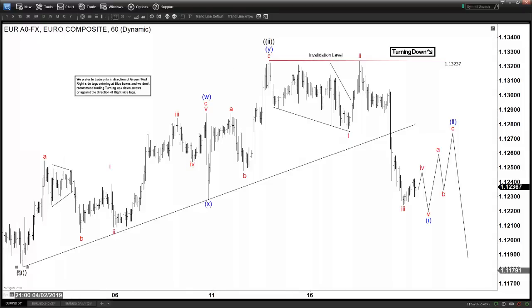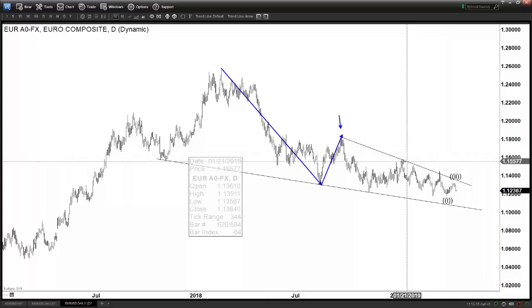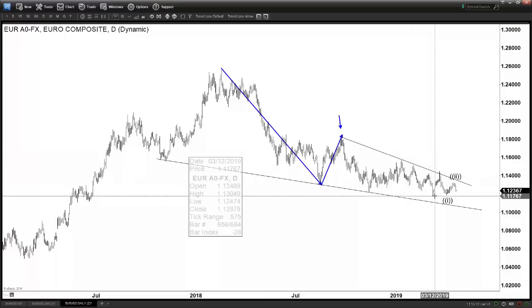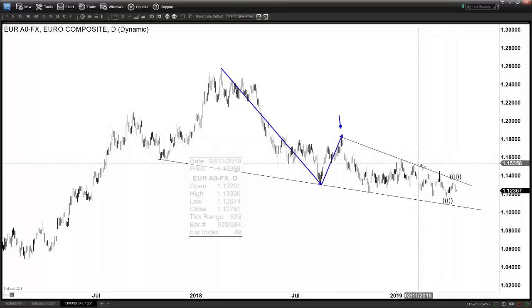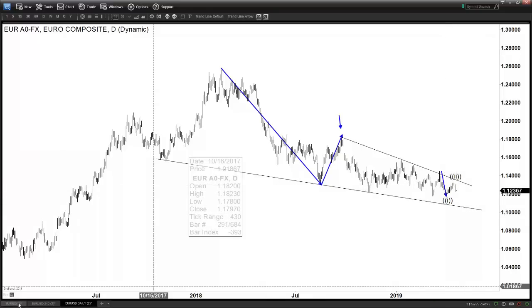So this looks to be some sort of 1, 2, 3, 4, 5, and even if it is not, you can consider this some sort of an ABC at least.